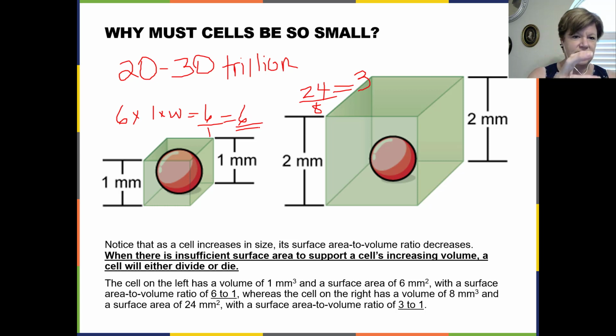You want to cook it all the way to the middle, but if it's really thick, you've probably done this before, you put it on the grill or in a pan or in the oven, and the outside gets cooked right away because the heat is penetrating just the outer surface, but it takes forever for the heat to get all the way to the middle. In fact, the outside is burnt by the time the inside gets cooked. And that's because it takes a long time for the heat to move all the way to the center.